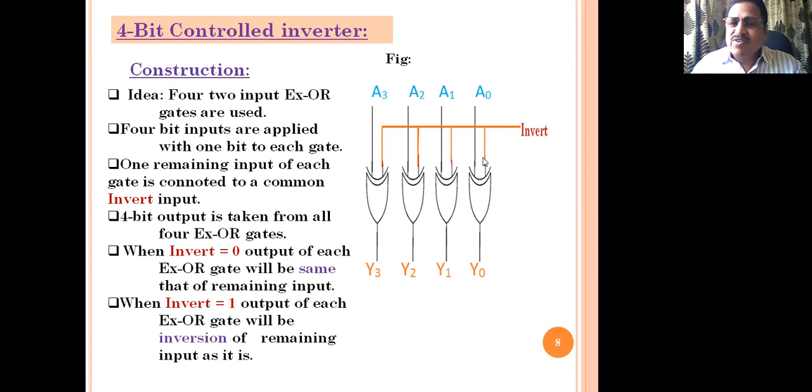That means output Y0 becomes A0 bar, Y1 becomes A1 bar, Y2 becomes A2 bar, Y3 becomes A3 bar. That means the resultant output is the inversion of all the inputs, Y3, Y2, Y1, Y0 equals A3 bar, A2 bar, A1 bar, A0 bar. That is called one's complement.